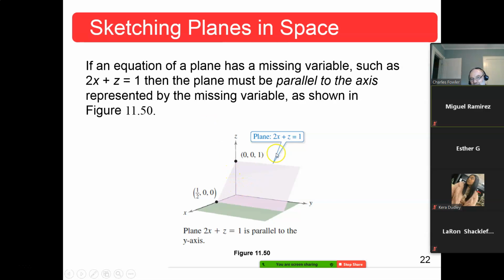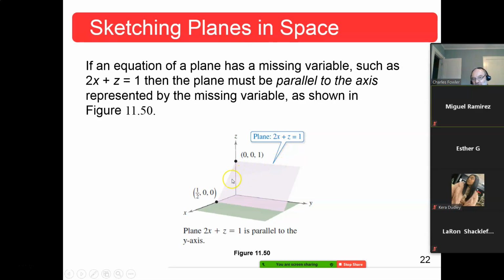Okay, now you could have done the same thing we did before. Set z equal 0.